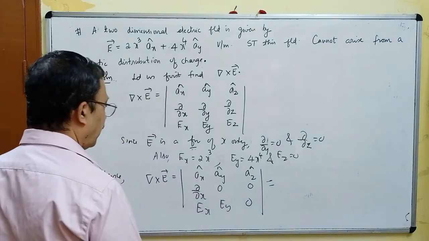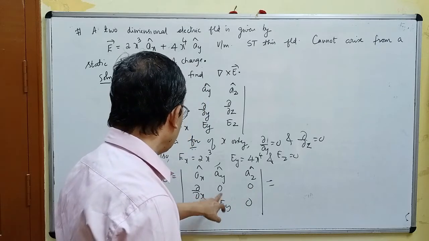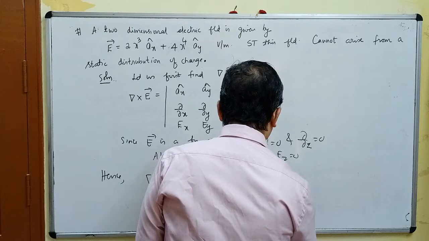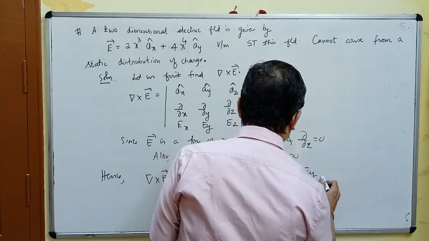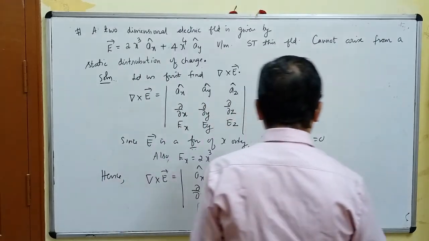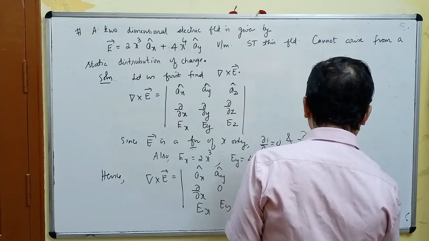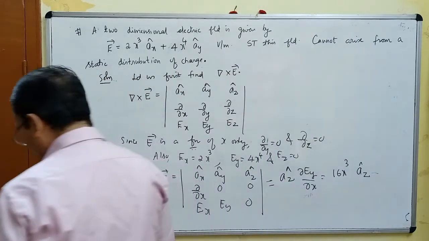The a_x cap and a_y cap terms won't give any coefficients, only a_z cap will give, a_z cap into dou Ey by dou x. If you differentiate Ey with respect to x, you get 16x cube a_z cap.